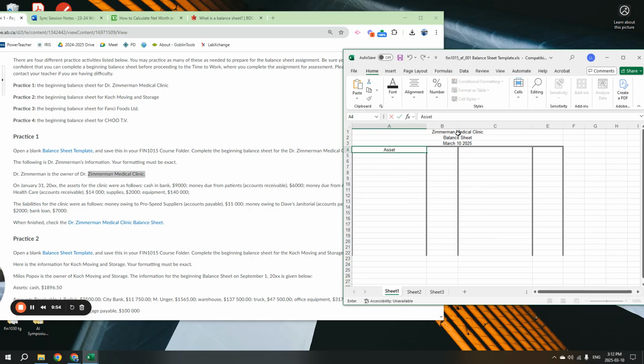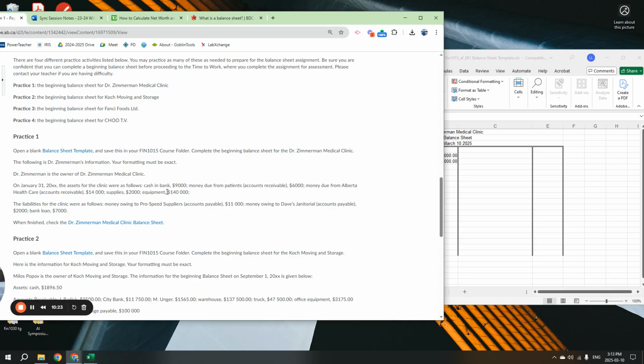We have assets on the left. His first asset is cash in the bank, $9,000. And then money due from patients, so it's accounts receivable, right? We can abbreviate AR as accounts receivable from patients, and it is $6,000.